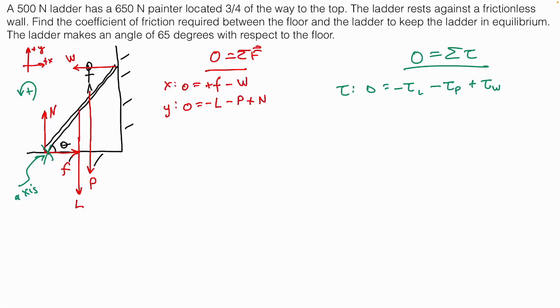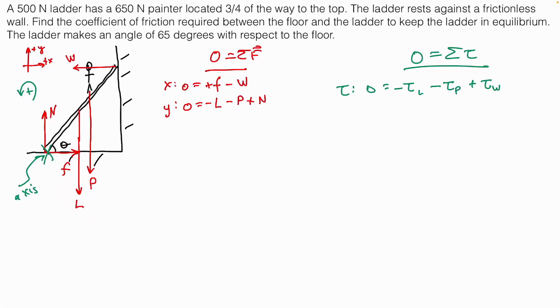So I'm actually going to do this two different ways, okay? This is part of the confusion, but it's important that you see the two different ways you can go about thinking about this. So let's do the torque on L first, right here.